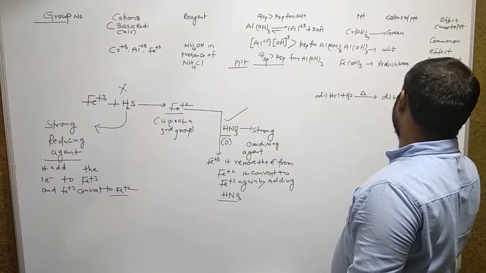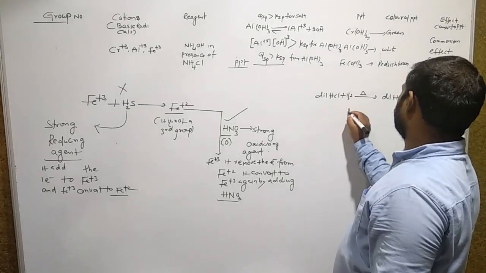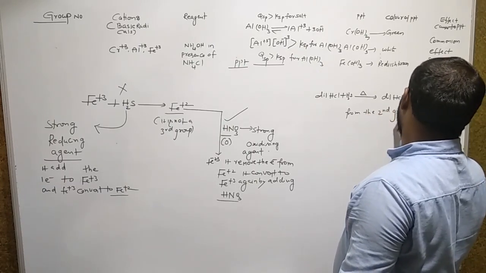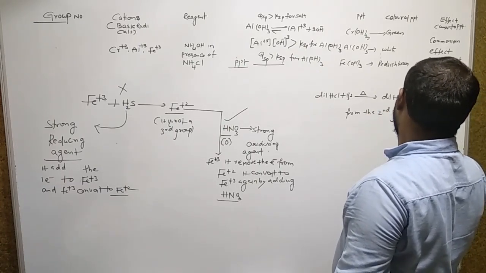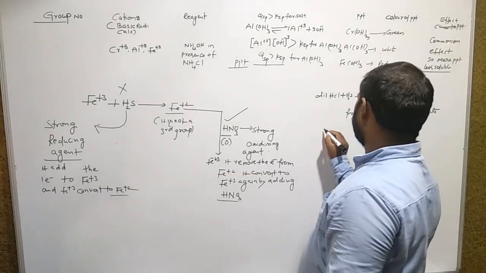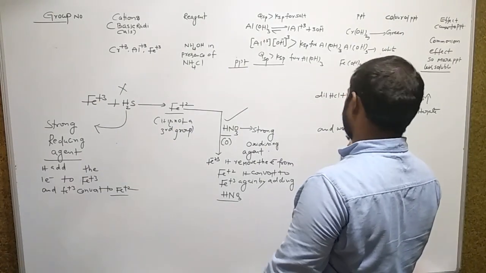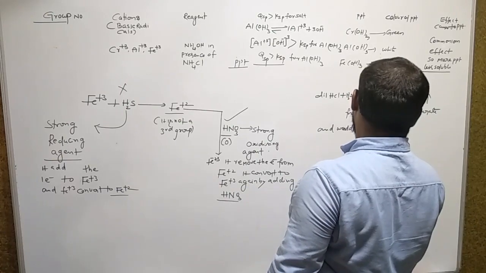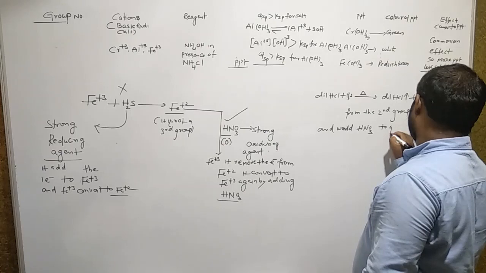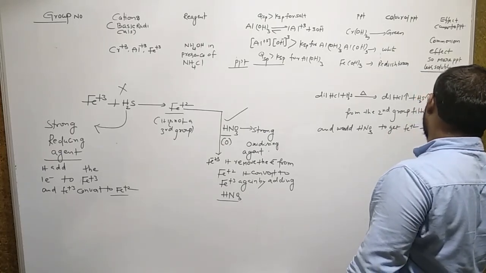Dilute HCl evaporates and H2S evaporates from the second group filtrate, and we add HNO3 to get Fe plus 3 from Fe plus 2.